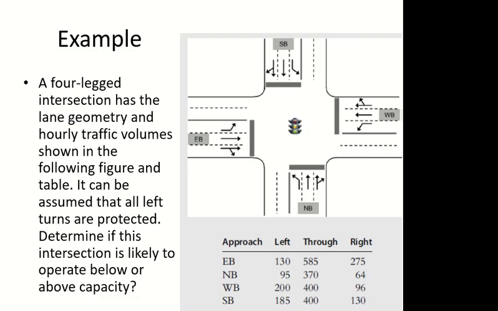So one pair of movement can be between east and west, the other pair can be between north and south. Between east and west, you can see the left turning for west can conflict with the straight and through of the east.